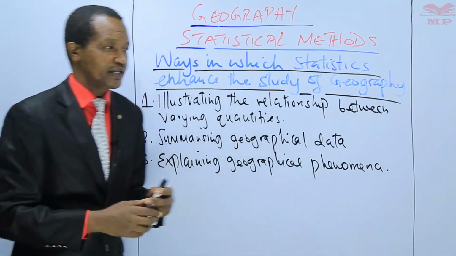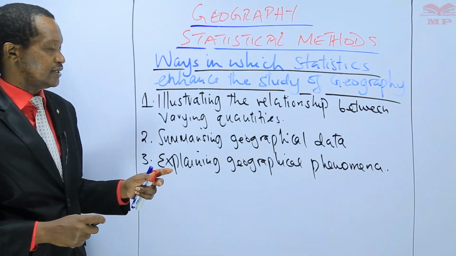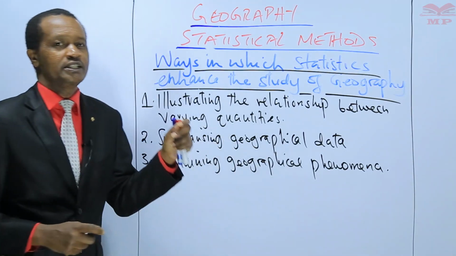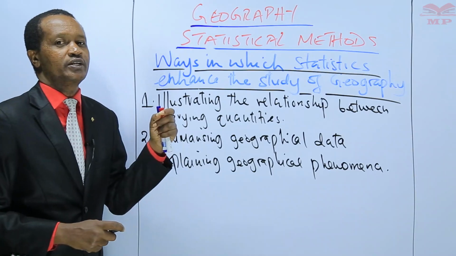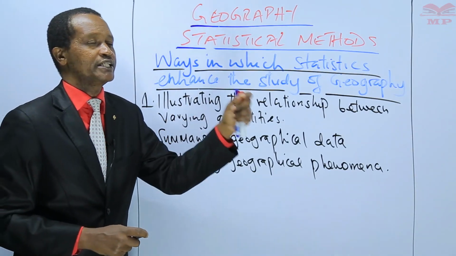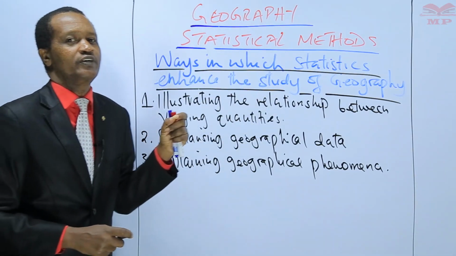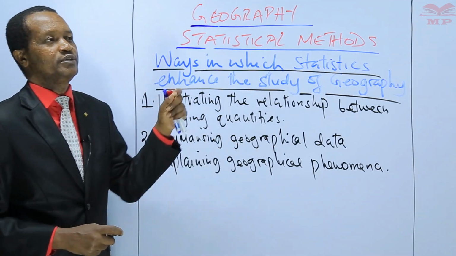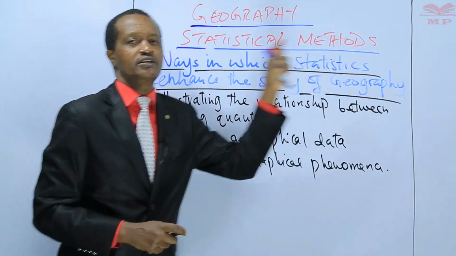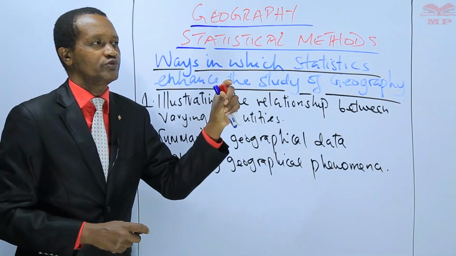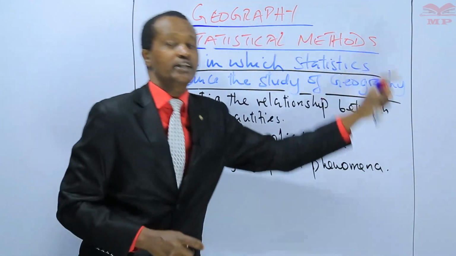That can be explained by obtaining statistical data, okay? By studying the climatic data of an area. That means you measure the temperatures of that area. You measure the amount of rain that is received in that area.